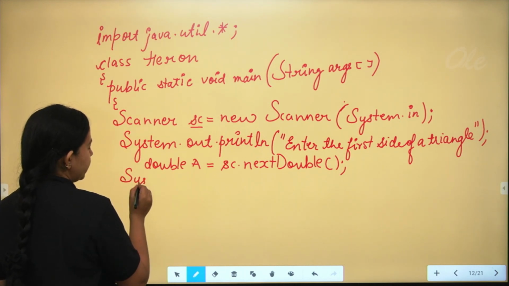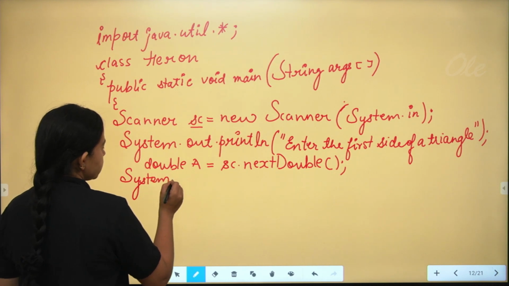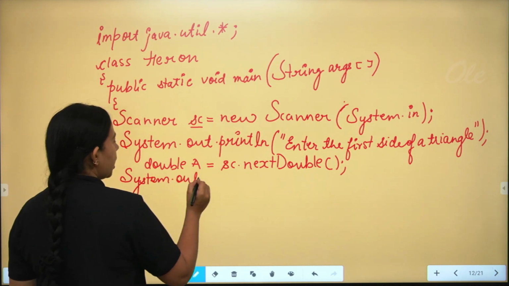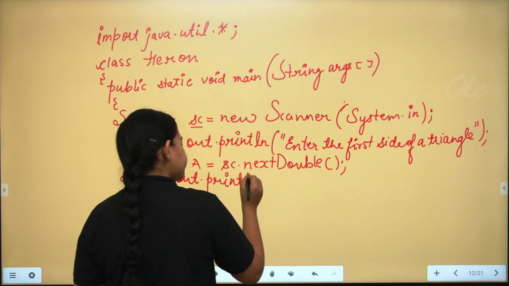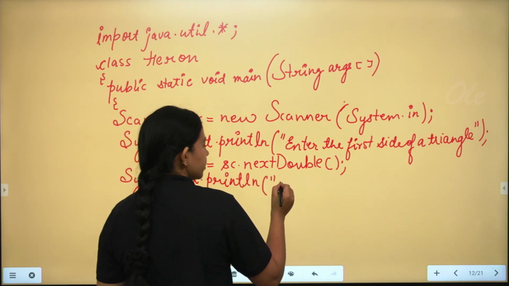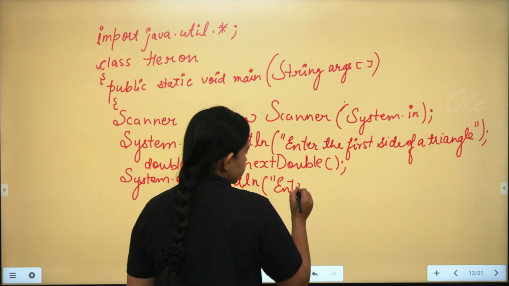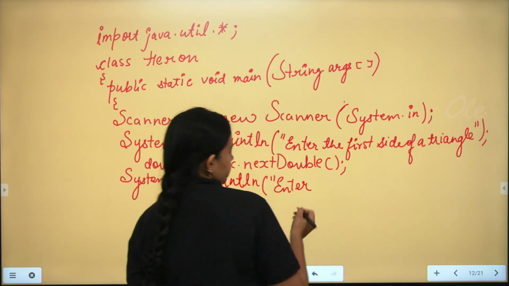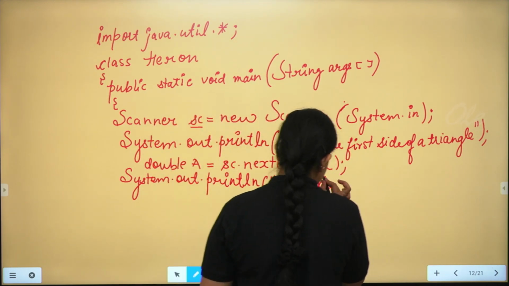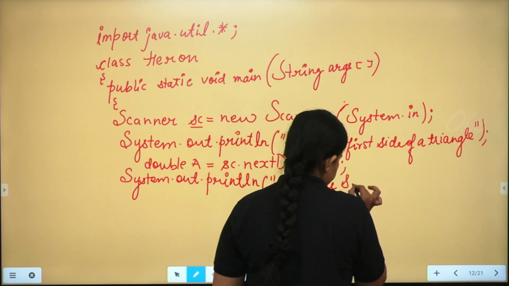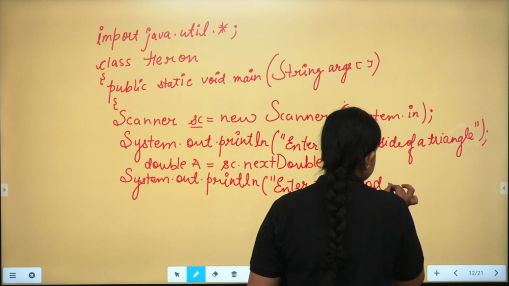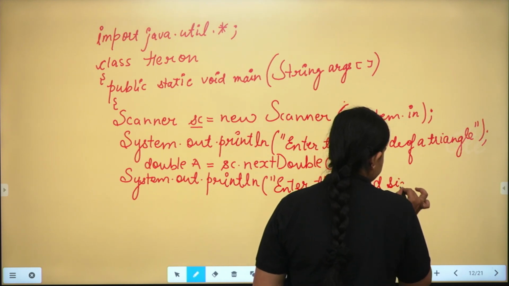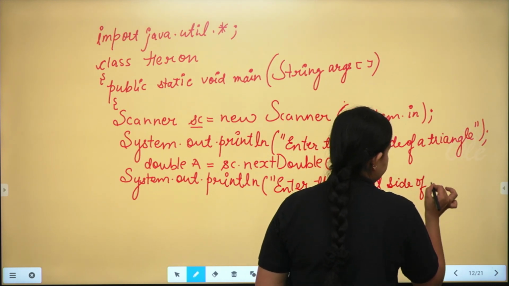Give a message to enter the second side value. System dot out dot println. How many sides does the triangle have? Three. So we need to ask three times. The second side of a triangle.